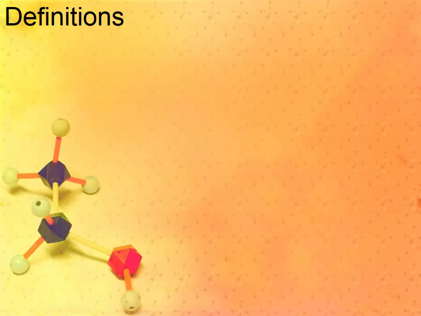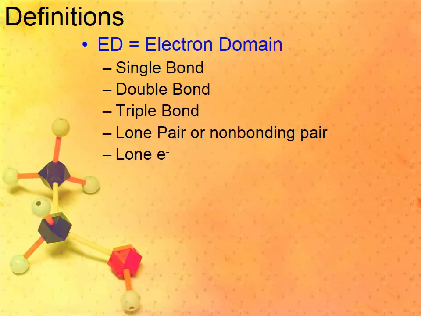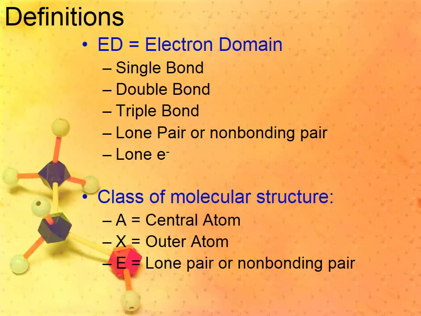Let's start with some definitions first. ED stands for electron domain, which could be either a single, double, or triple bond, a lone pair, also known as a non-bonding pair, or even a lone electron, which does exist in some structures. We also use a shorthand for describing the molecular geometry.